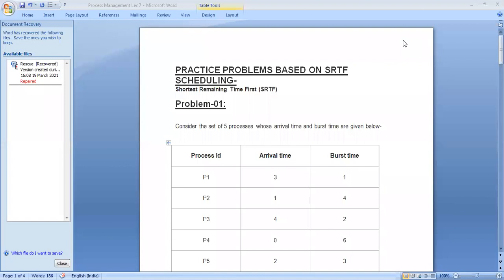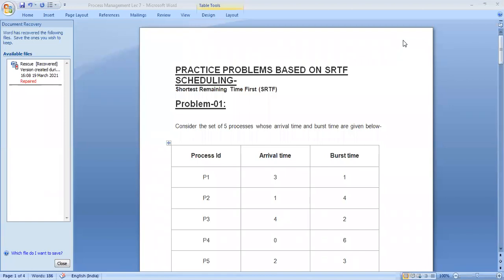Okay, so today we'll discuss shortest job first preemptive mode, which is called shortest remaining time first. Last class we already discussed shortest job first, and we solved one numerical problem also.